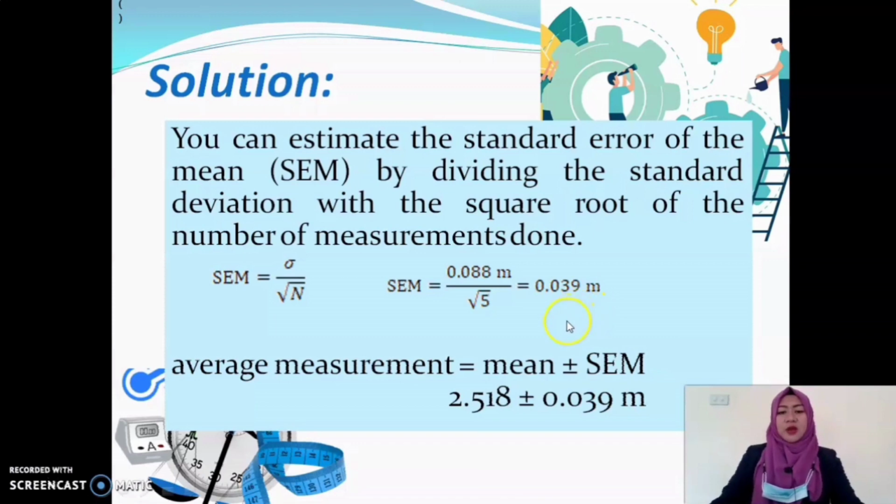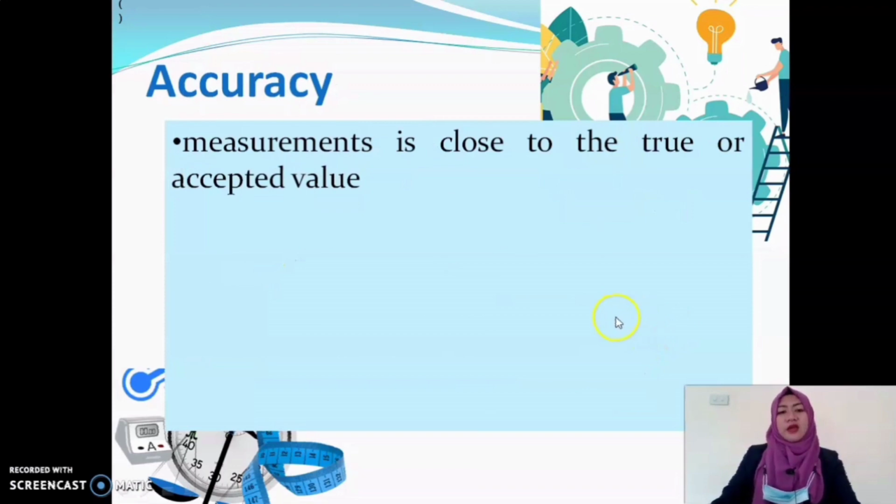Therefore, our average measurement is equal to our mean plus or minus our standard error of the mean. Therefore, we have 2.518, this is our mean, plus or minus our SEM, which is equal to 0.039 meters.